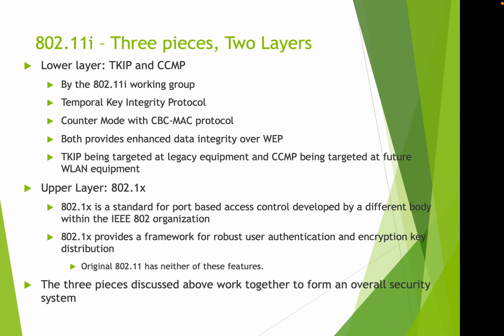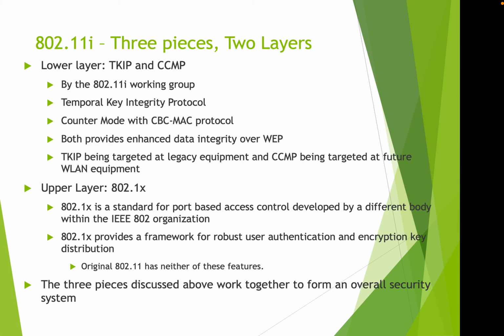So in the lower layer we have TKIP and CCMP that are specified in 802.11i. Okay, it's designed by the 802.11i working group. This group consists of mostly security people. Okay, they're people that are really dedicated to security, because this group was formed much later than the earlier working groups.